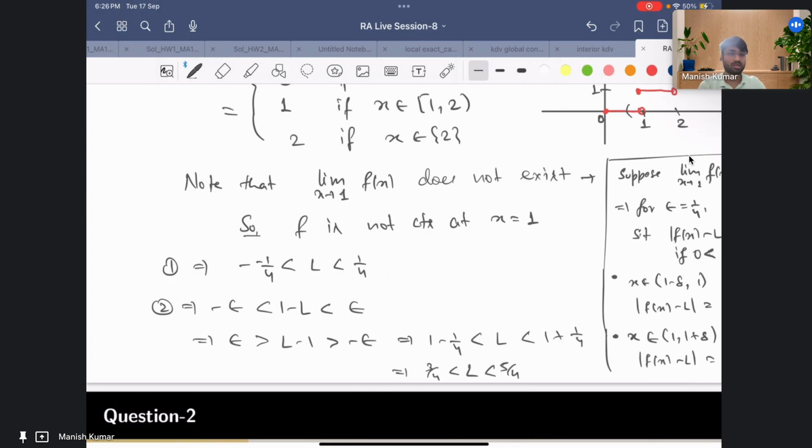This is telling you it is less than 1 by 4, and this is telling you that it is greater than 1 by 4. That is a contradiction. So this proves that this limit will not exist.